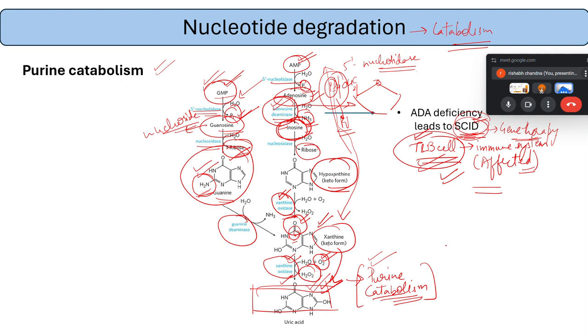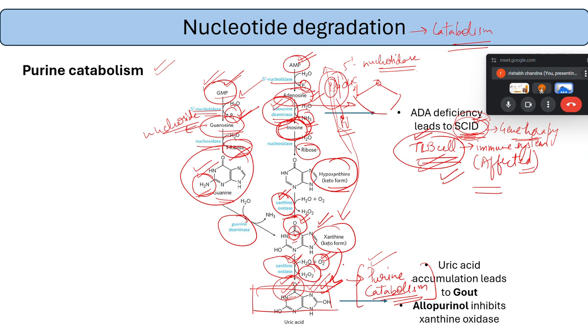Okay, and the second important enzyme is xanthine oxidase. If xanthine oxidase is mutated in any of the diseases, that leads to the accumulation of uric acid. So, uric acid accumulation leads to gout. Gout can be of two types.